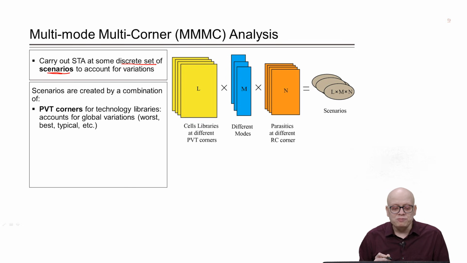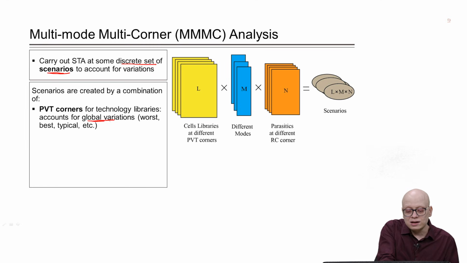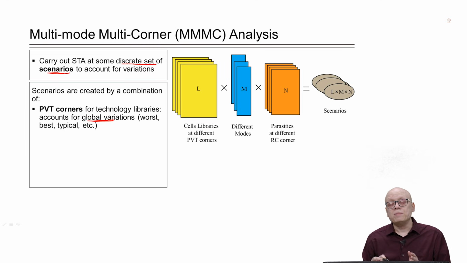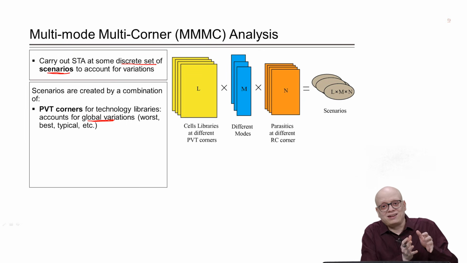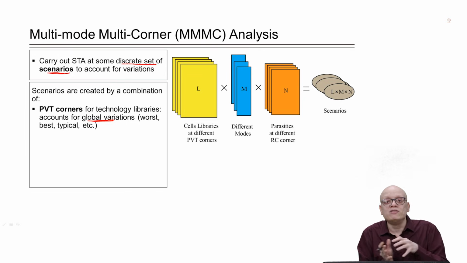Typically we use this method to account for global variations in our design, meaning that because of the process induced variation, the characteristics of all the devices in our circuit are shifting. That is what is known as global variations.